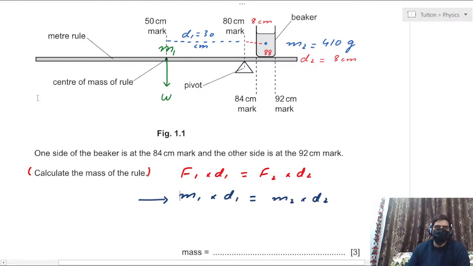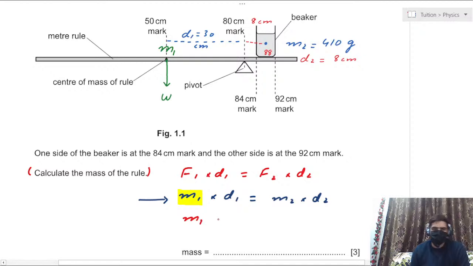Now let us insert all the values. M1 is unknown. Let us just highlight this one. This is the unknown. Just write it there as it is.